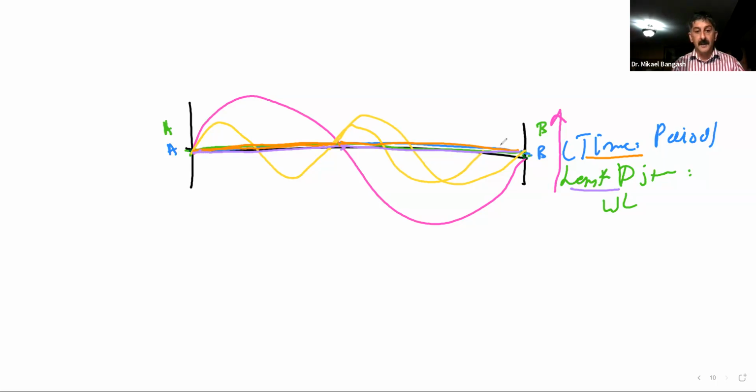So based on this, we can say that period and wavelength are directly proportional. Because the bigger the time it takes the wave to complete, the greater the wavelength. The less time it takes a wave to complete, the shorter its wavelength.